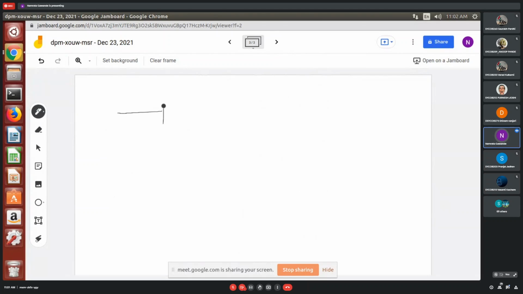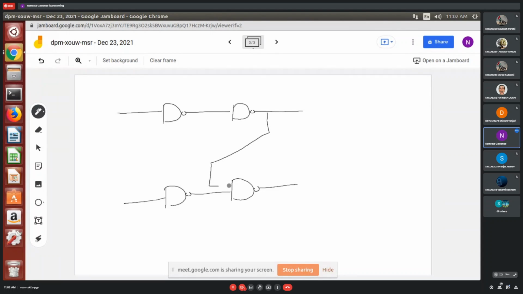I'm drawing an SR flip-flop only, and we'll see how we convert it into a JK flip-flop. Let's consider this is SR. This is the clock signal, Q and Q n bar. Now with JK, what we have to do?